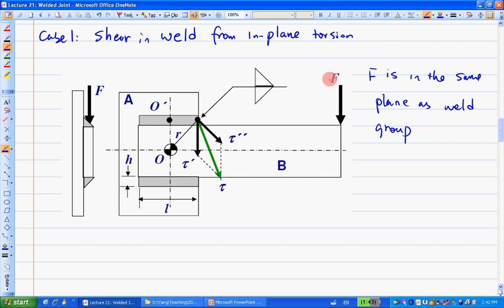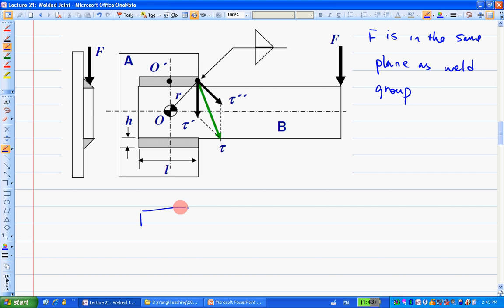So what we do is this: we have the force applied here, and we're looking at this weld group. If I single out this weld group right here, just for example, the weld group is like this, and this is the center, also called the centroid. This is the centroid of this weld group.